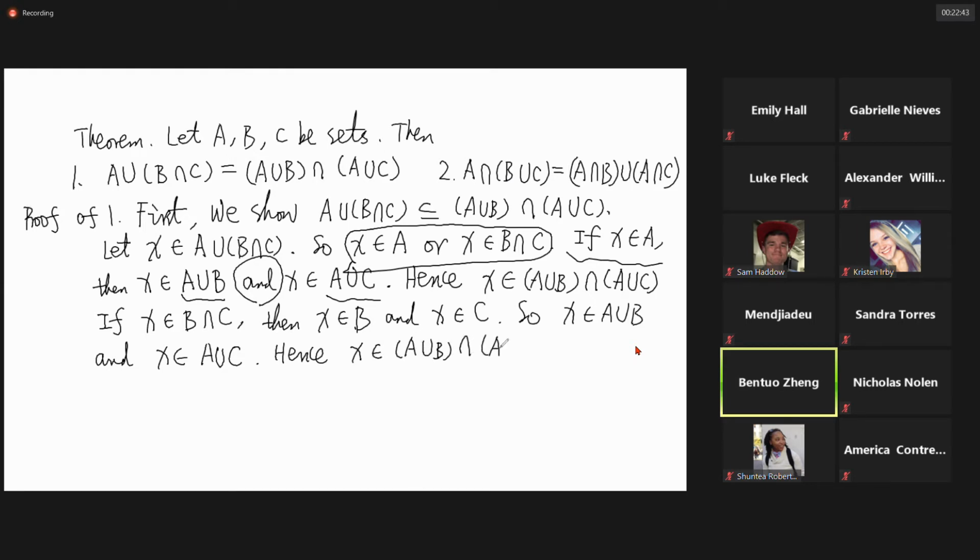Again, definition. Okay, so you can see all those steps use definitions.